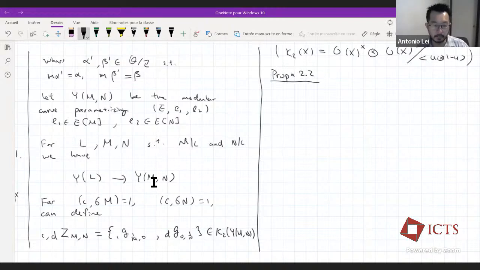This element in K2 will satisfy a norm relation thanks to the norm relation that I told you about.